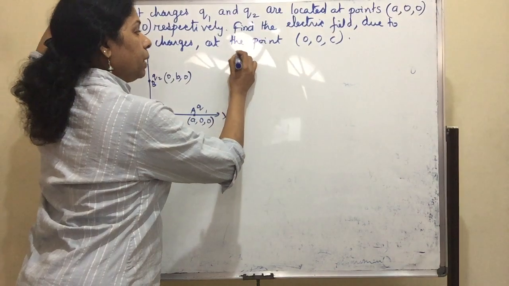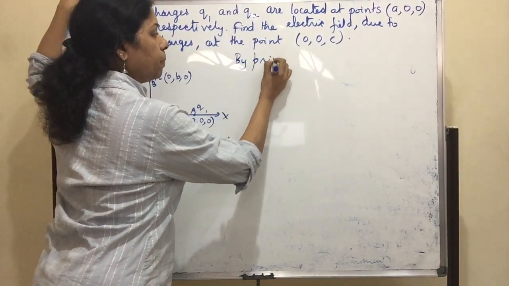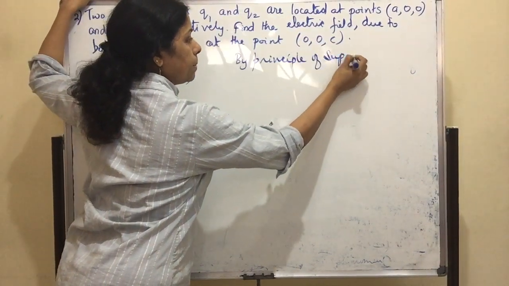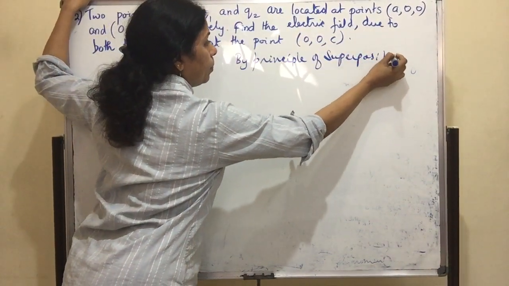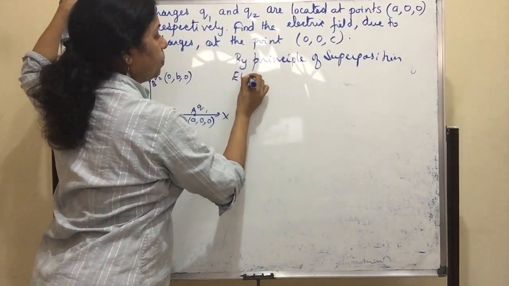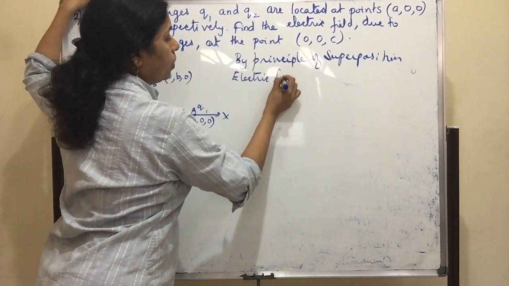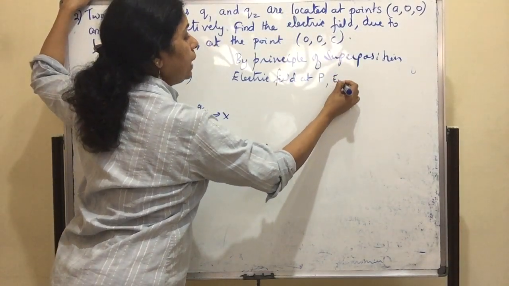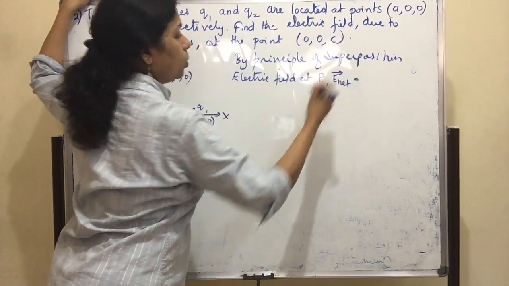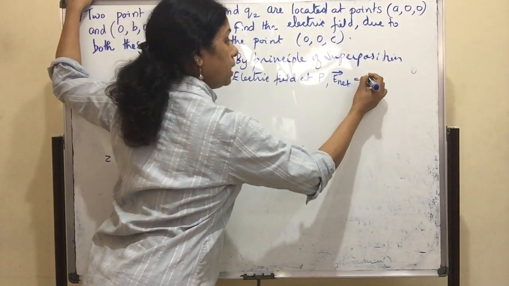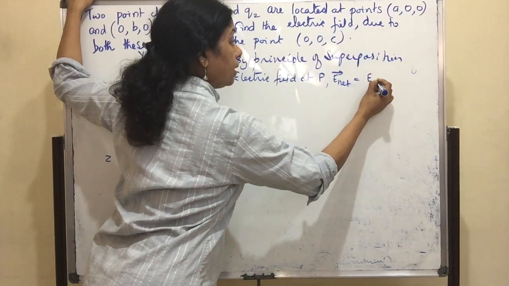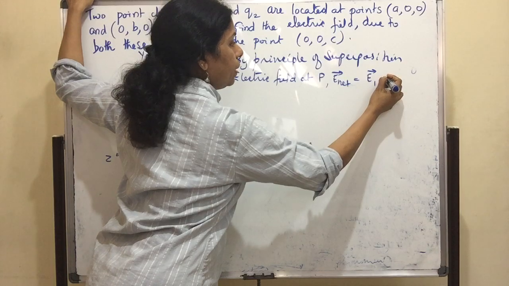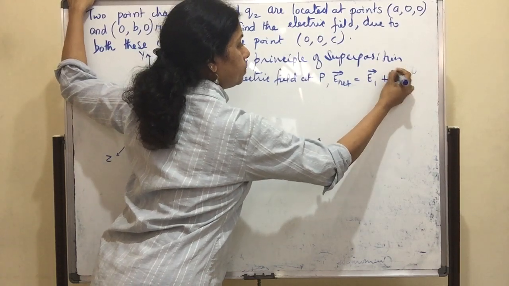So that means by the principle of superposition, the electric field at P, I am going to call it E net, is equal to E1 vector plus E2 vector.